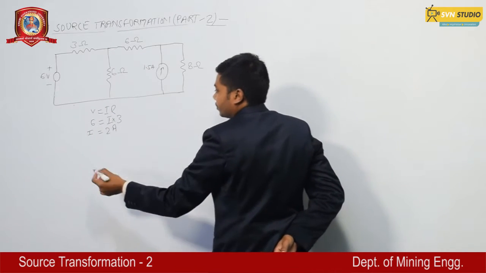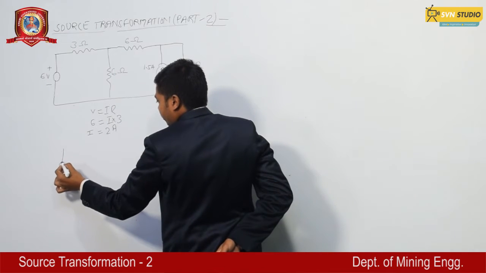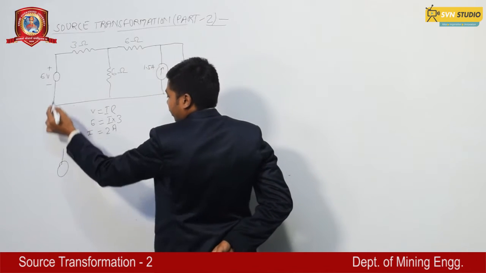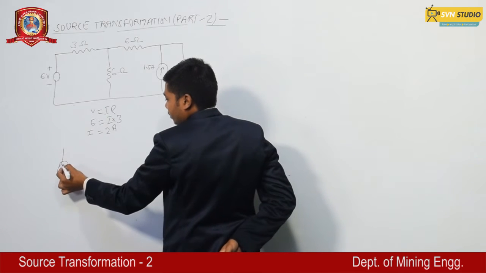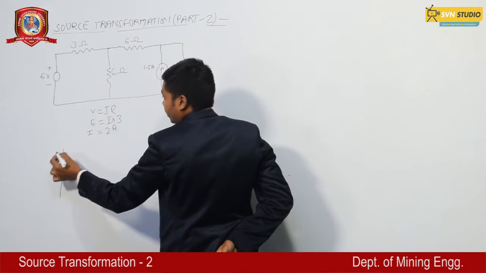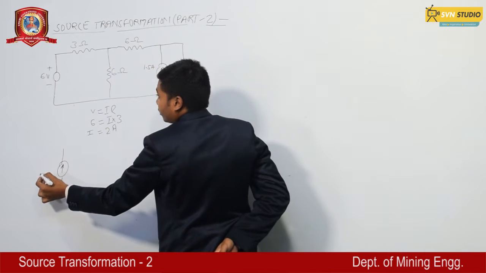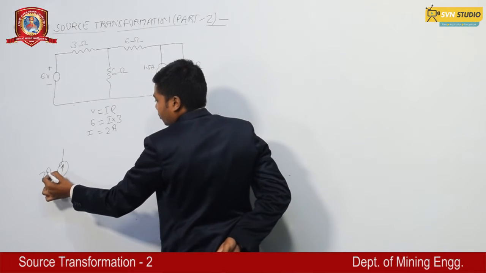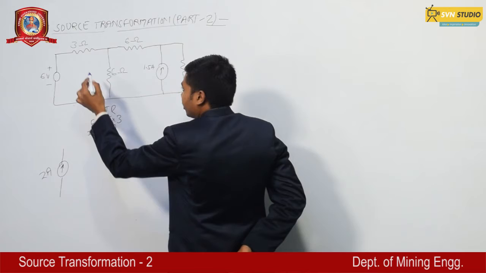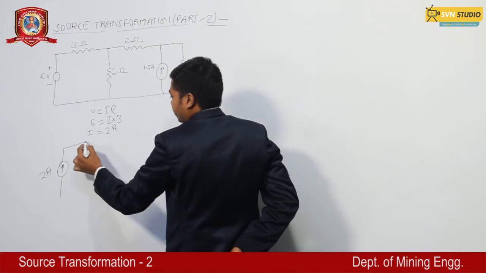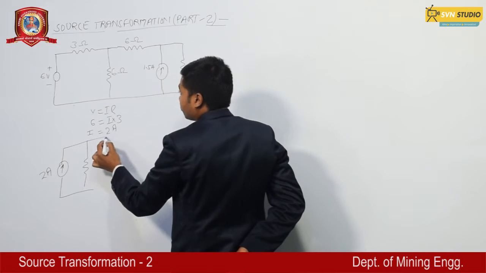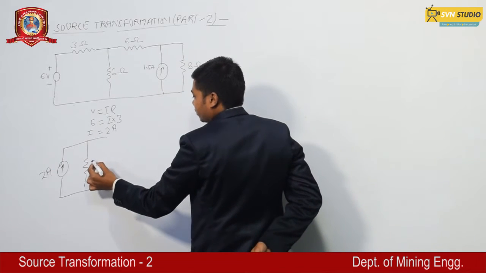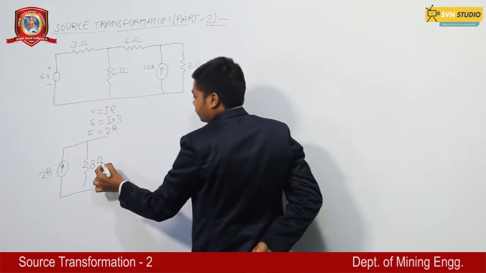Now, we can draw it. The direction of current is always negative to positive. So, this is the direction of current and the magnitude of the current source is 2 ampere. Now, this resistance will be connected in parallel with the current source and the value of resistance will not be changed. It remains 3 ohm.